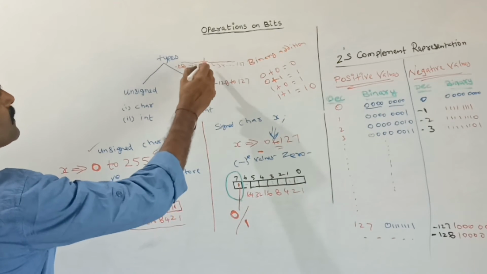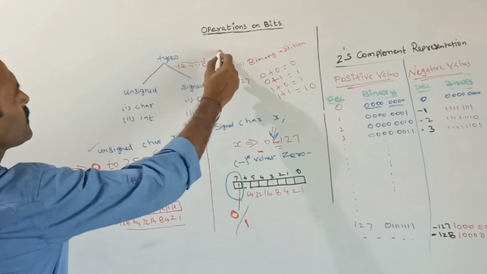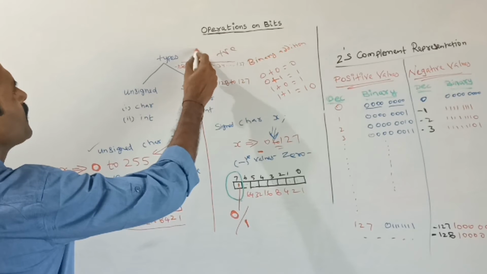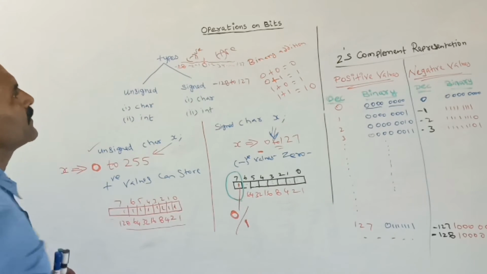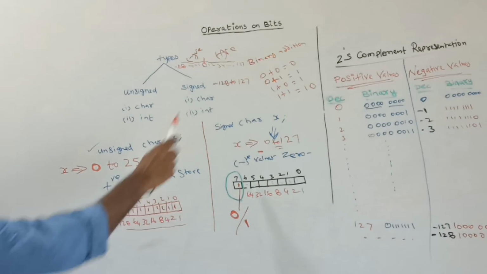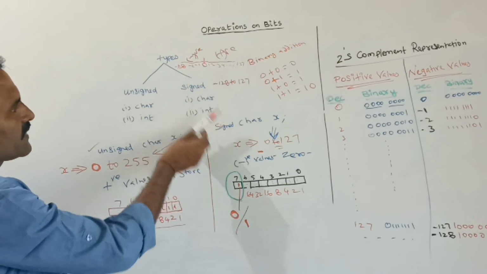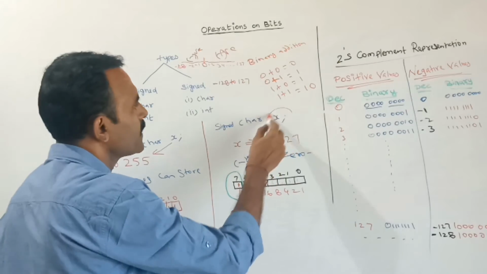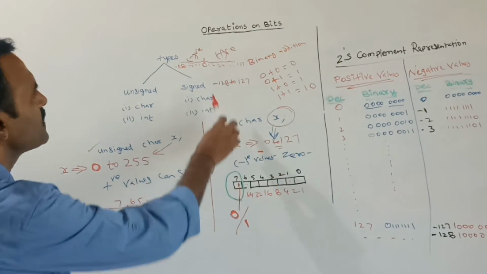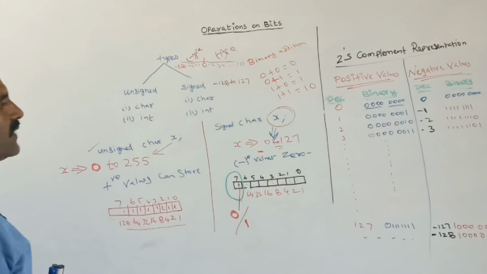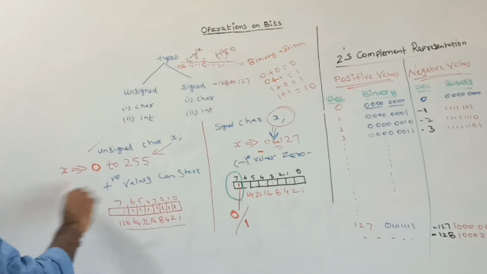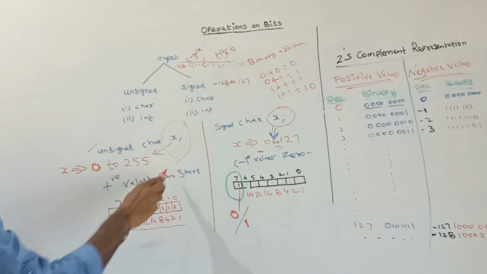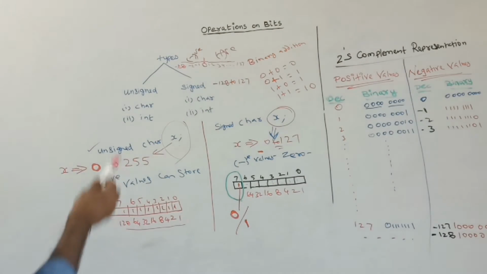This is the 0th value. Positive, this is negative. So minus 128 to 127 values can be given for this signed data x. So within this range we can give any one of the values for x and do the shift operation. For unsigned, from 0 to 255, within this range we can give the values for x and do the shift operation.